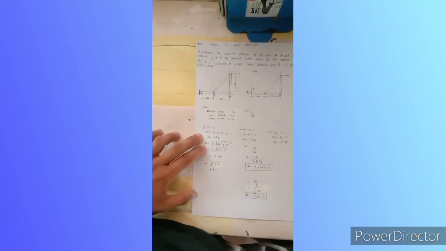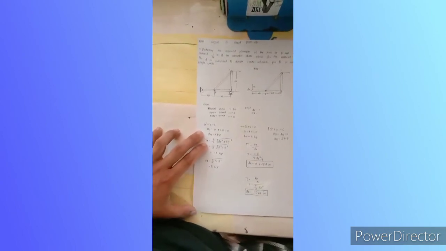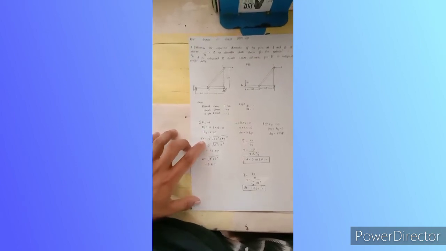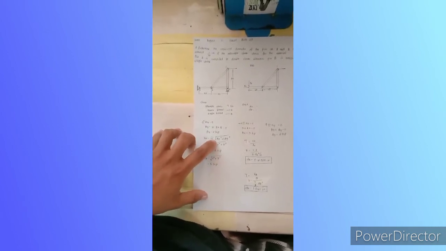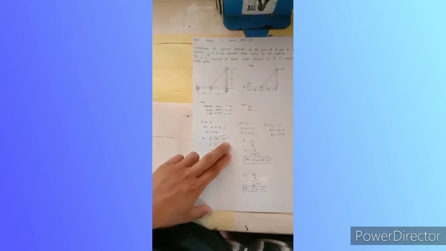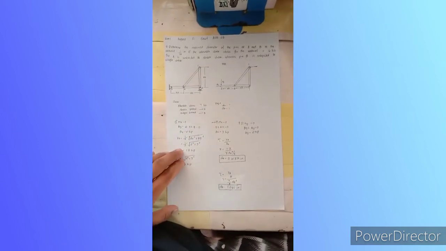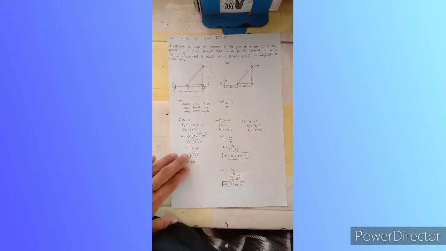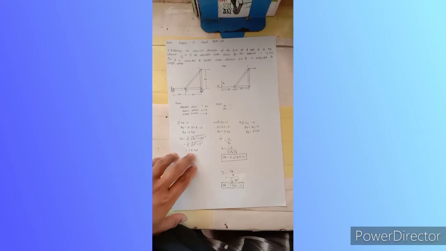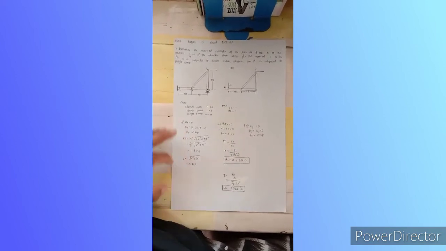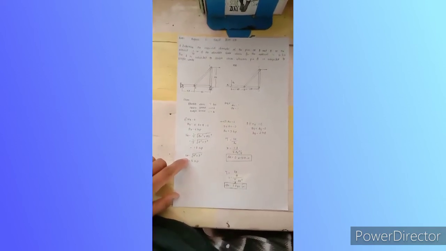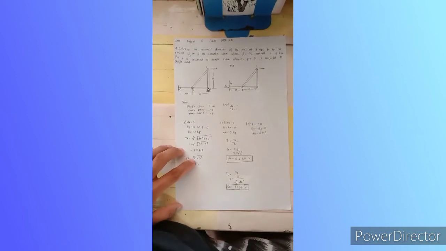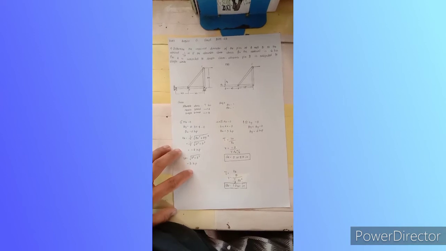So dito, getting BA, I use a Pythagorean theorem. So BA is equals to 1/2 the square root of Ax squared plus Ay squared is equals to 1/2 square root of 2 squared plus 3 squared. Answer is 1.8 kip. So getting BV, using Pythagorean theorem, the square root of 4 squared plus 3 squared is equals to 5 kip.